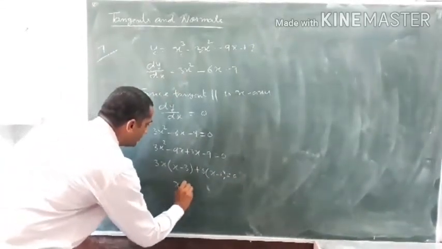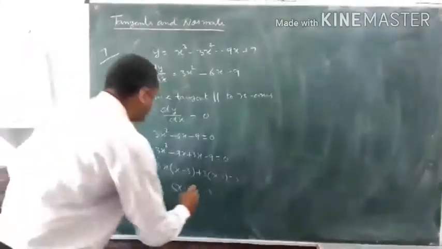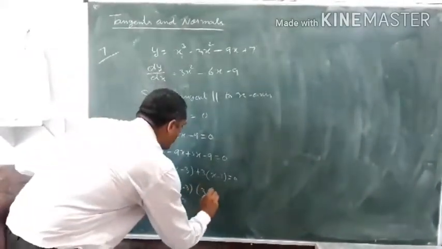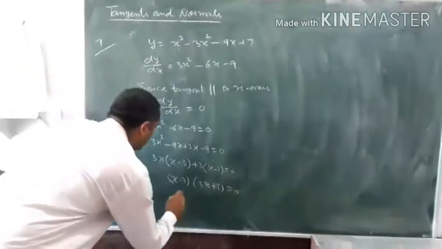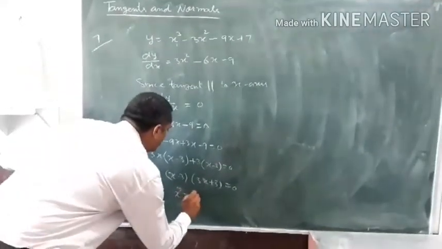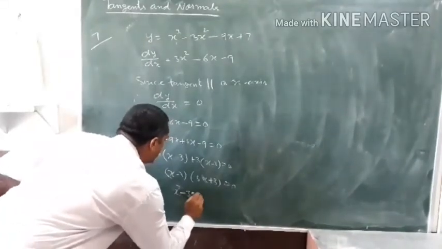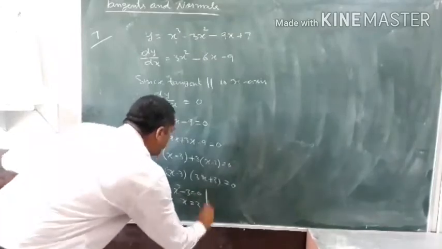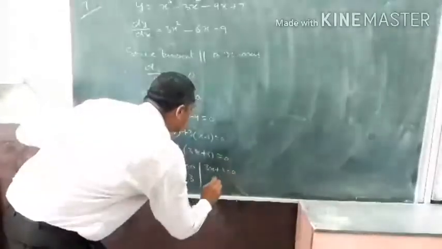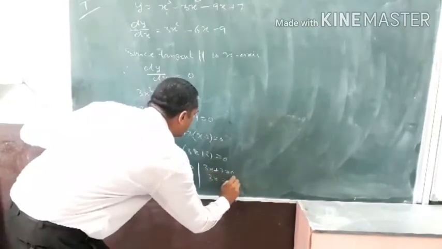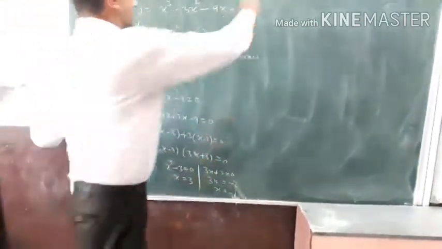It will be x minus 3 and 3x plus 3 is equal to 0. So x is equal to 3, and 3x plus 3 is equal to 0, 3x is equal to minus 3, x is equal to minus 1.